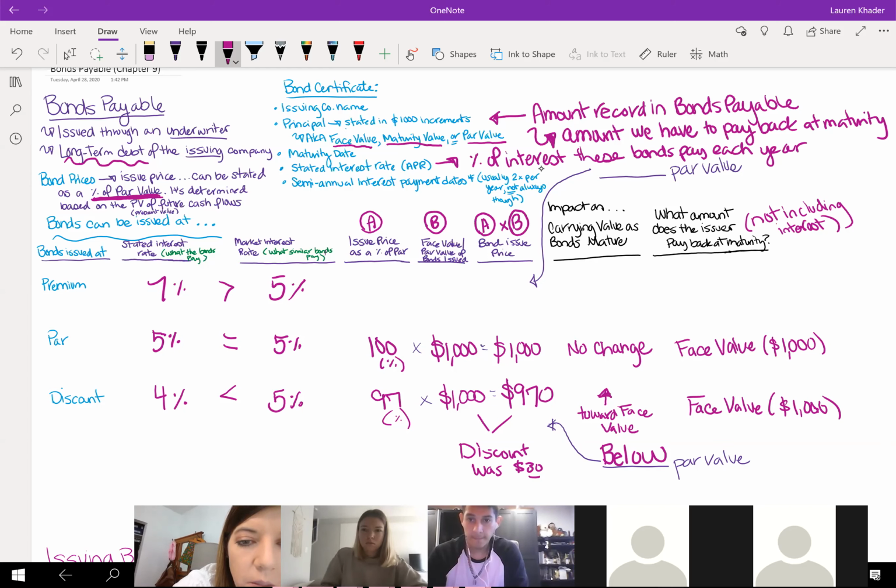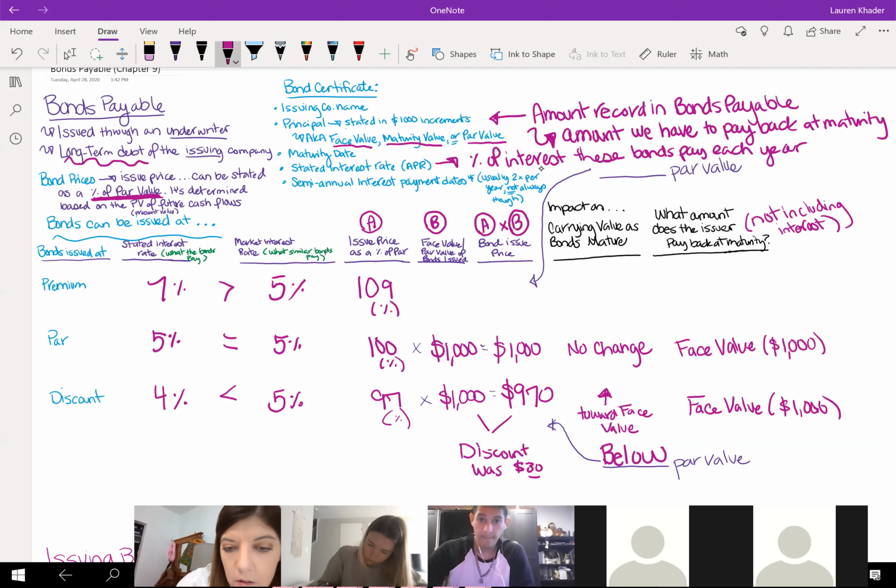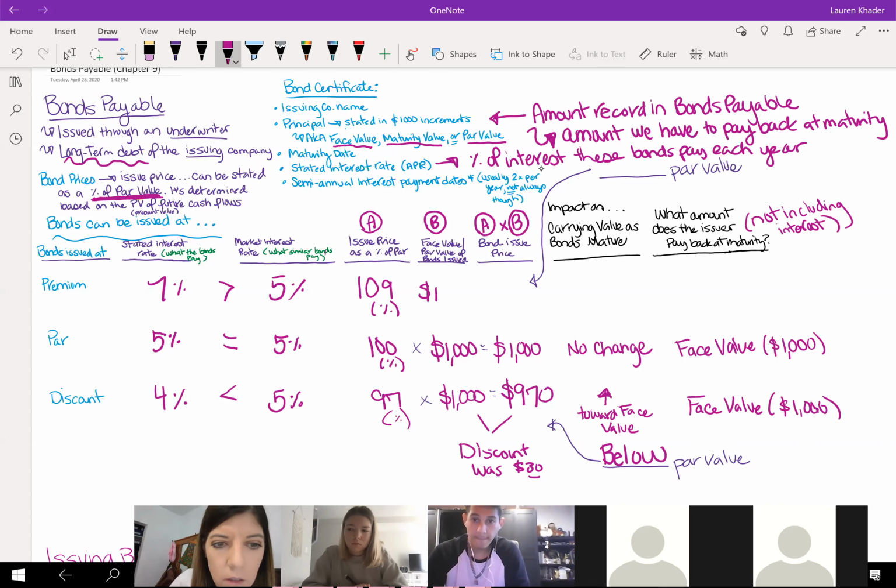So the issue price as a percentage of par is going to be higher than 100. So let's say it's 109% of par. Face value on those bonds is still 1,000. But since these bonds were offering a substantially higher amount of interest, 2% higher, how much is the issuing company going to receive?